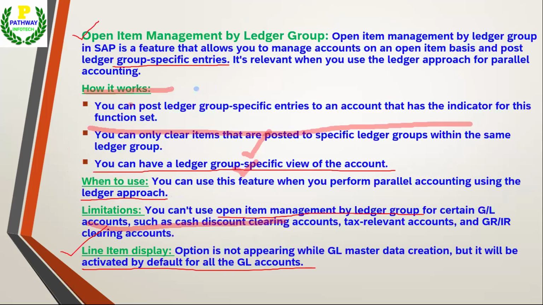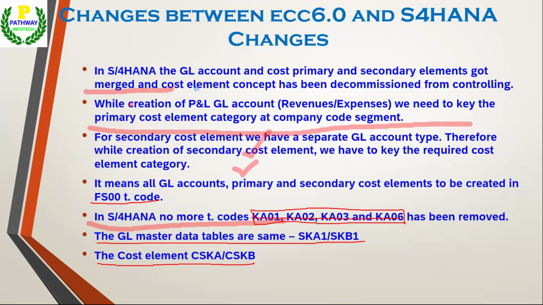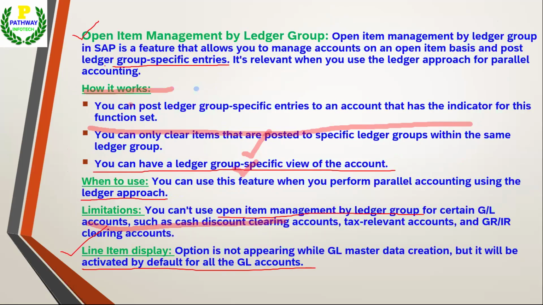Now, the changes you can see here between ECC and S4 HANA. In S4 HANA, the GL account and cost element we had already discussed, right? Now, the new thing here is open item management by ledger group.